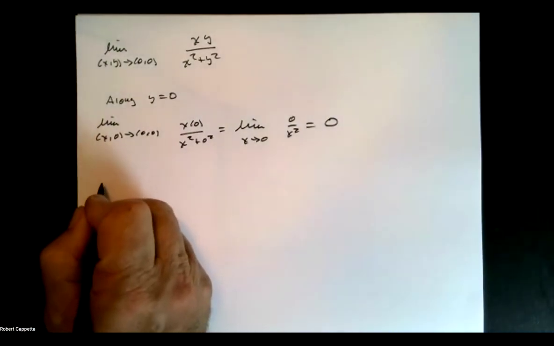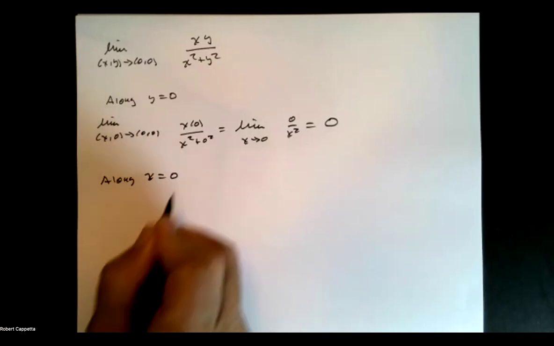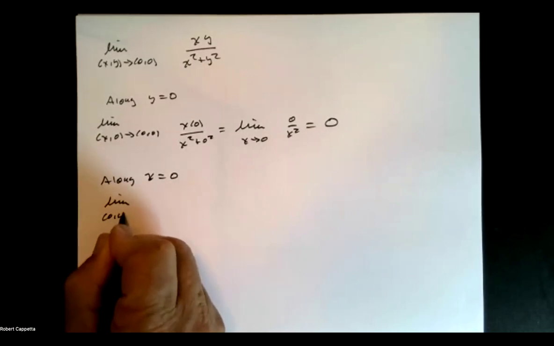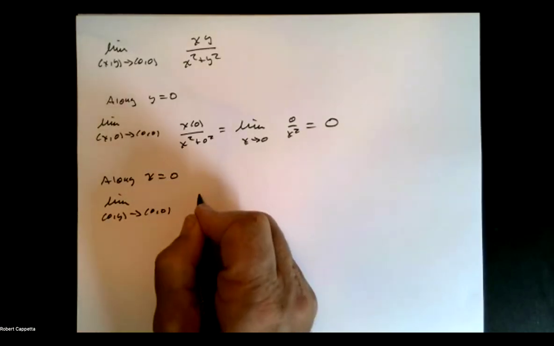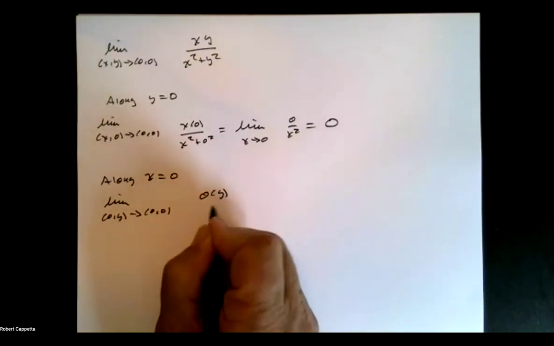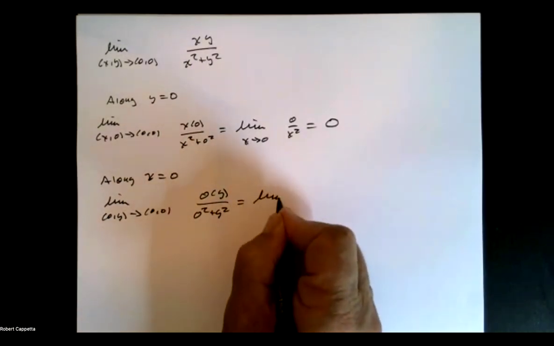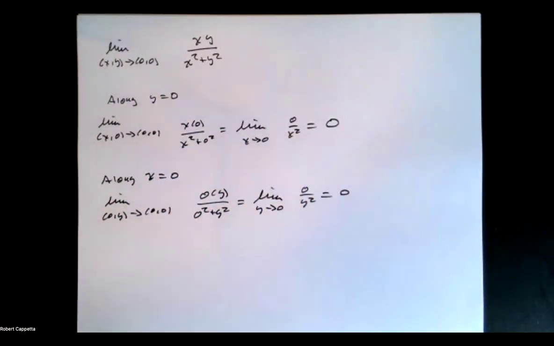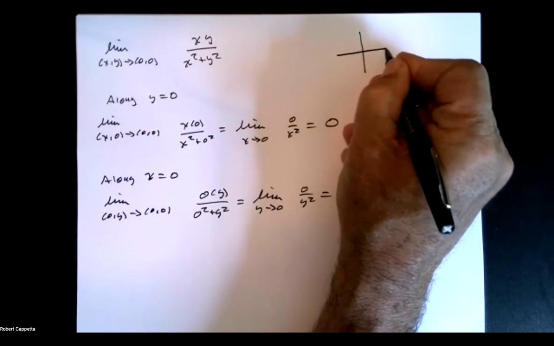If I go along the line x equals 0, I would have the limit as (0, y) approaches (0, 0) of 0 times y over 0 squared plus y squared, which is the limit as y goes to 0 of 0 over y squared, which is 0. But we are not finished, because that's only two paths. That does not mean that the limit exists.